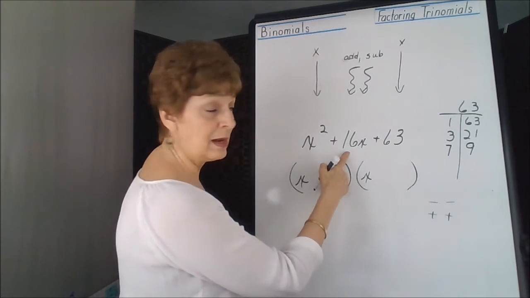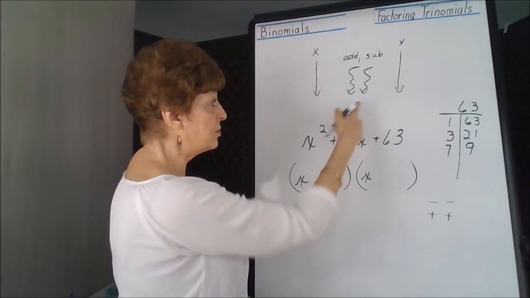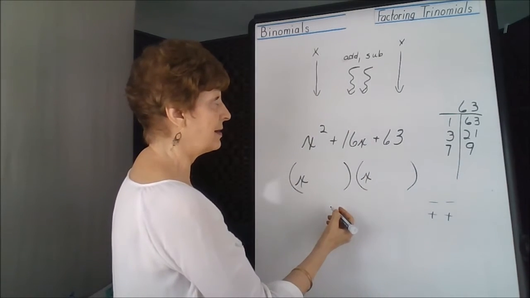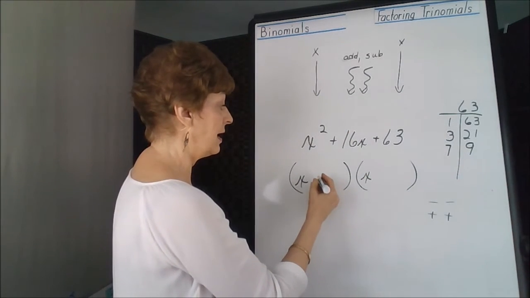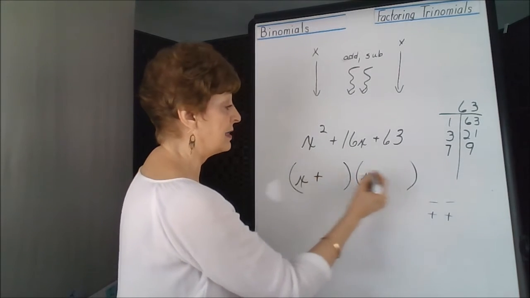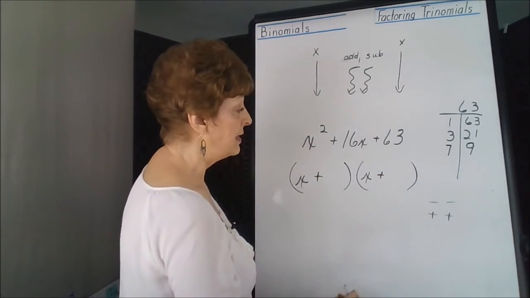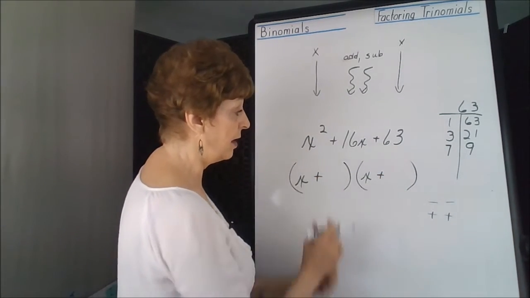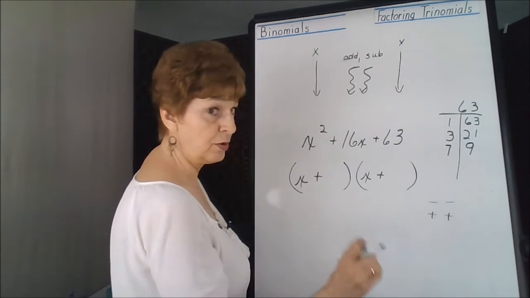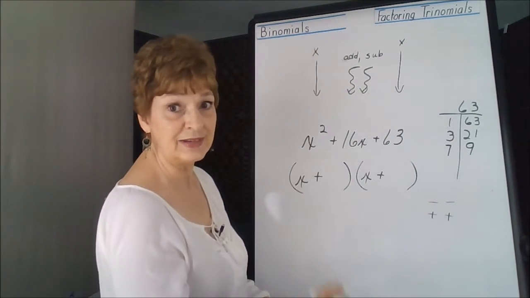The only way you can get a positive with an addition is positive, so it has to be positive in both spots. I figured that out by just thinking through the rules for positive and negative.